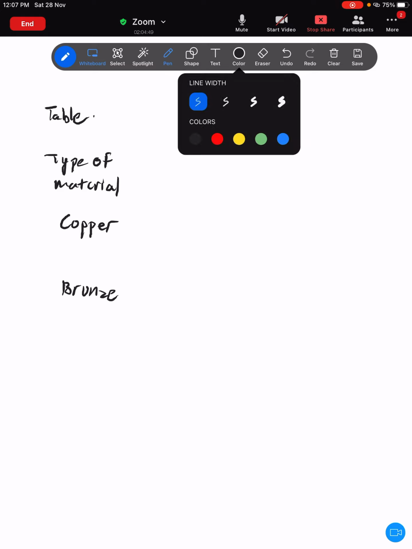So what you're going to do, you have the type of material. You have copper and you have a bronze, ataupun alloy itulah, alloy.